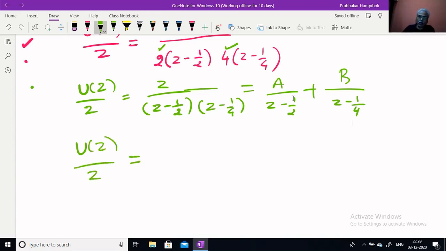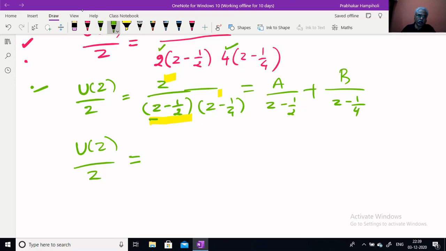First you put z equal to half in the remaining part. You leave this z minus half bracket, and in the remaining part you put z equal to half.